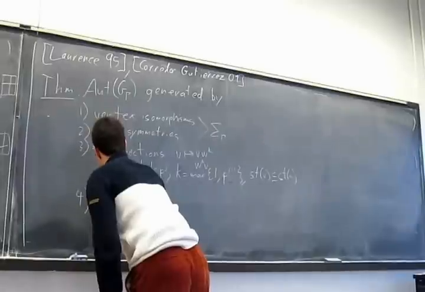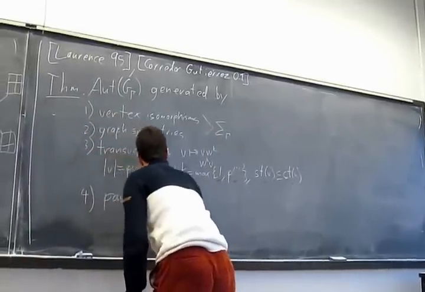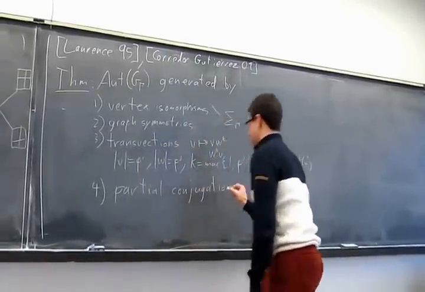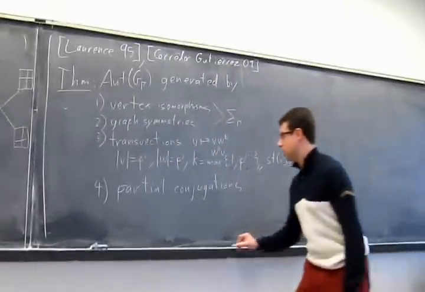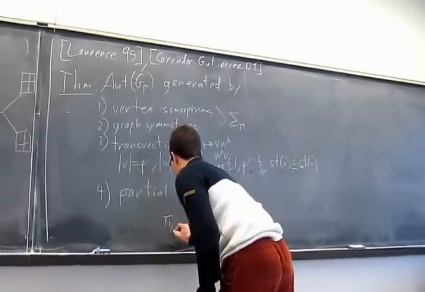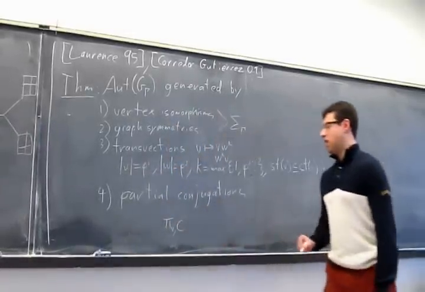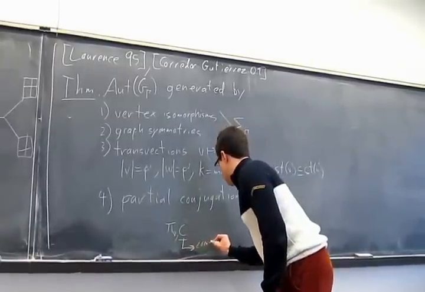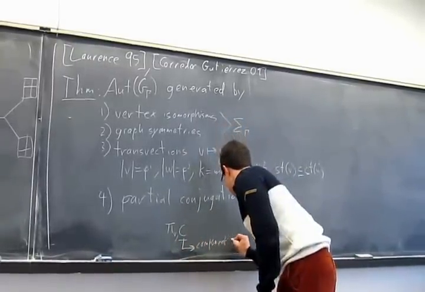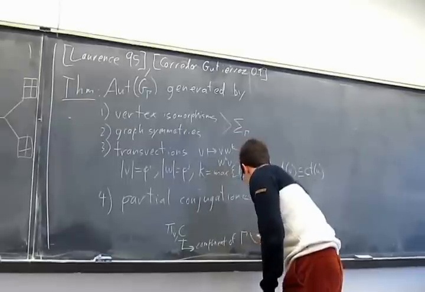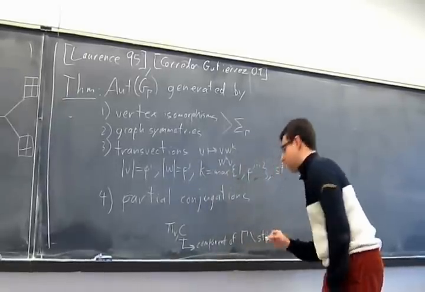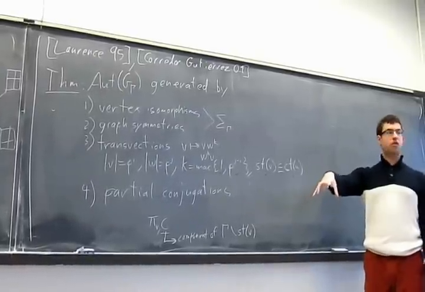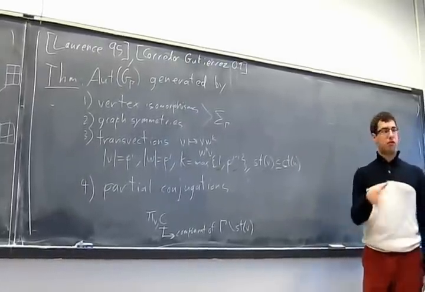What we are going to care about, though, is our last type of automorphism, partial conjugations. So a partial conjugation is going to be denoted by pi of vertex V and a component C, where C is a component of gamma minus the star of V. So we pick any vertex in our graph, V, we remove its star, and we're going to be left with a bunch of components.